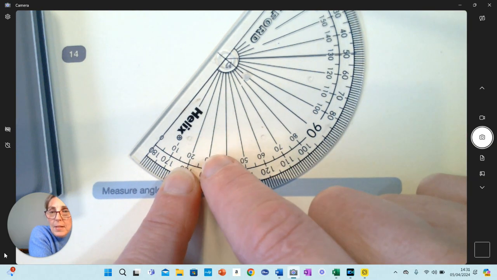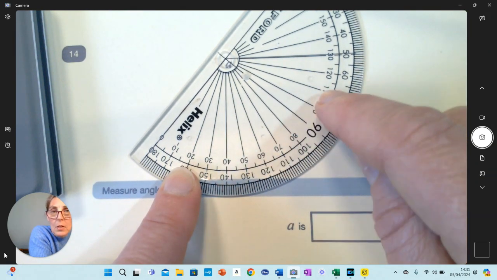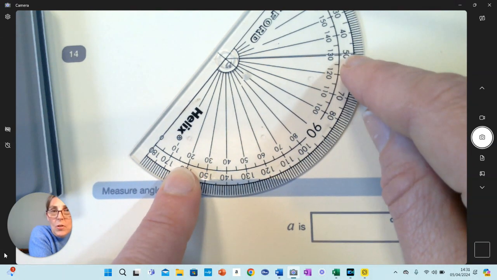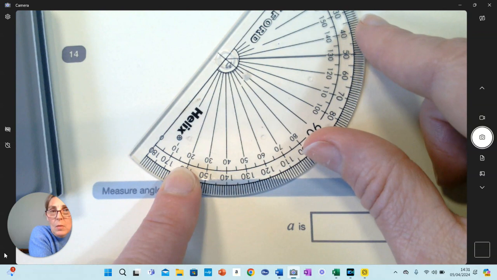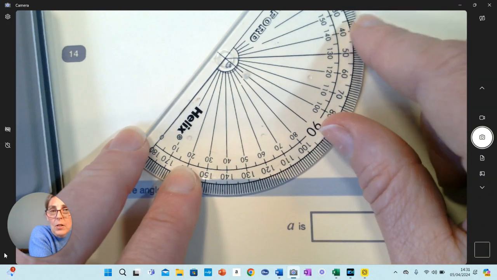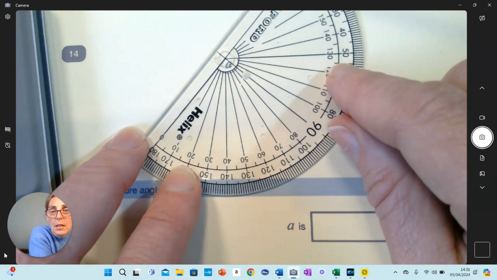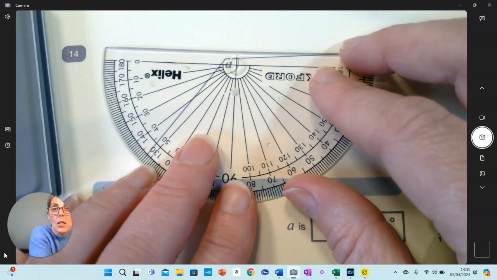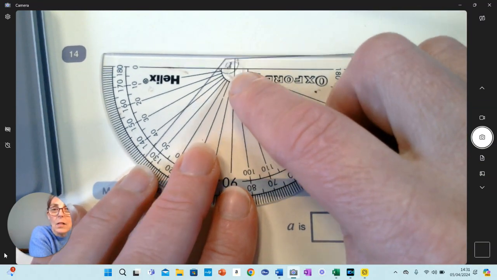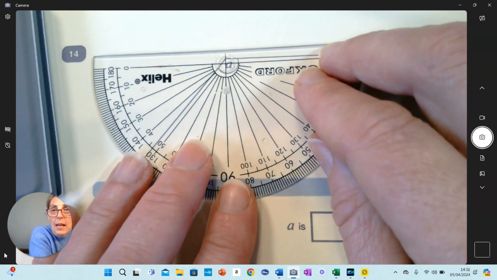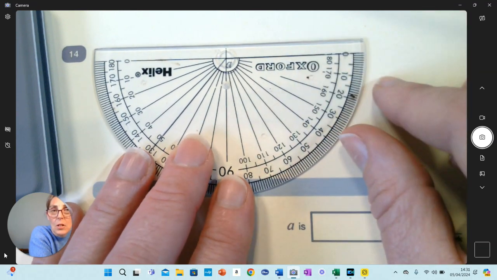So we measure from the 0 around to here. So I've got, it's about 130, 131. If I put it there, you go, it's bang on 130 there. But I can also do it this way. As long as I've got the angle A inside this little semicircle here, I'm covered.